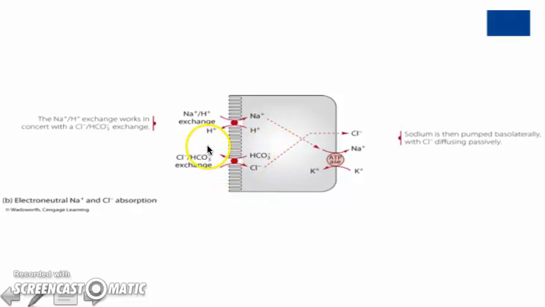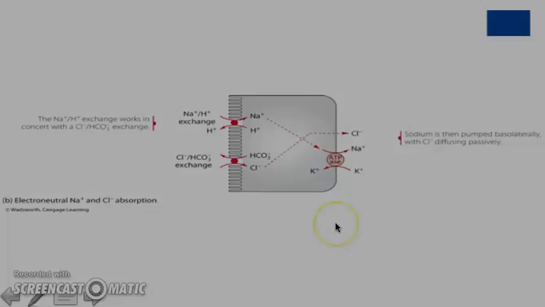At the same time, through the basolateral membrane, sodium exits through the sodium-potassium ATPase, potassium comes into the cell, and we also see chloride leaving the cell. So we have this electroneutral process with both sodium and chloride entering the cell and exiting through the basolateral membrane.